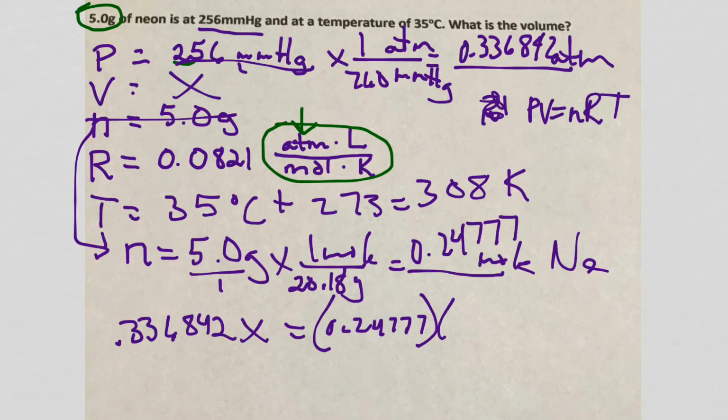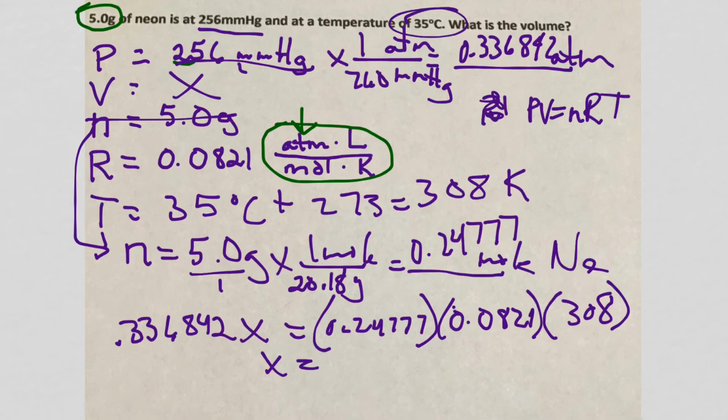So R, it doesn't really matter what order you do it in, I was just trying to be consistent. 0.0821 times T is 308. Multiply everything together, divide by this number that's with the X, and you should get, let's see, how many significant digits? So remember, go back up to the typed part, 2, 2, and 3. So I want 2, so I get 19 liters.